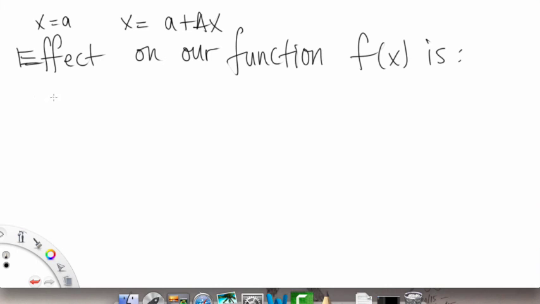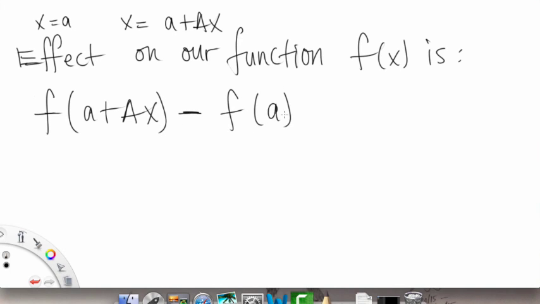We evaluate that function at our new point, a plus delta x, and subtract away the value of the function at the old point, which is just a. This gives us how much our function changed in response to the change in x. This is also denoted delta f, which stands for the change in the function value.